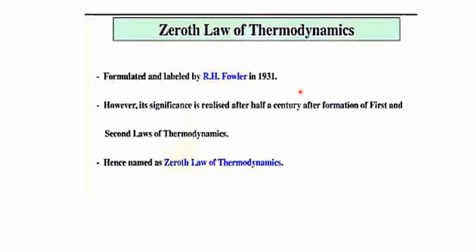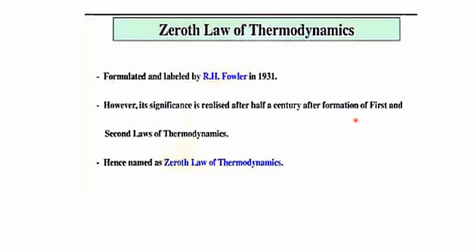So next we will study the zeroth law of thermodynamics. This zeroth law of thermodynamics was formulated and labeled by R.H. Fowler in 1931. However, its significance was realized half a century after the formulation of the first and second laws of thermodynamics.